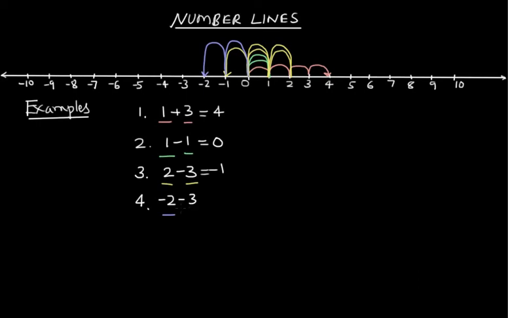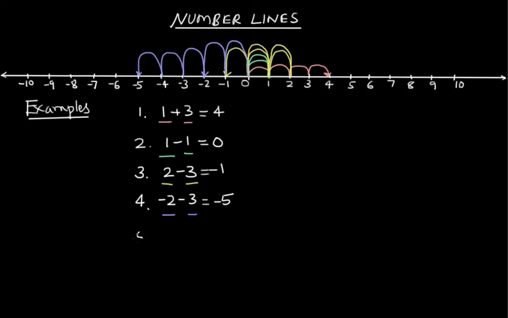And then we look at what we need to do. We need to subtract: -2 minus 3. The operation is subtraction, which means reduction by how much? 3. So we go 3 steps further to the left: 1, 2, and 3. Here is where we stop, which is -5. So -2 minus 3 is equal to -5. That was your fourth example.